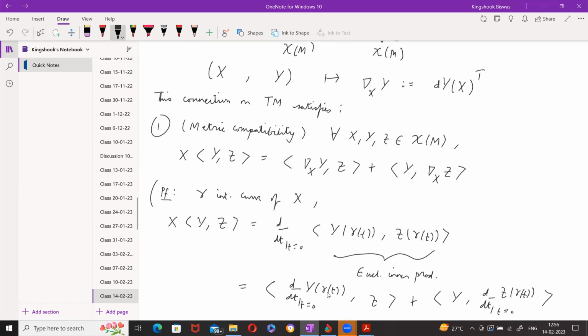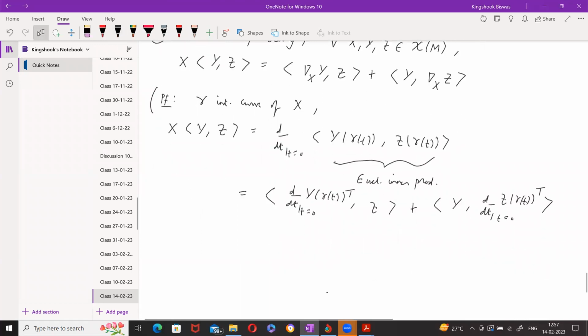But now, because Z is tangent to the manifold, this inner product is the same as the inner product of the tangential component with Z, because the inner product with the normal component vanishes. Similarly, over here, because Y is tangent to the manifold, this inner product is the same as the inner product with the tangential component. Is that clear?